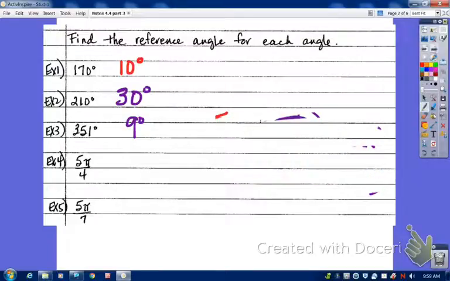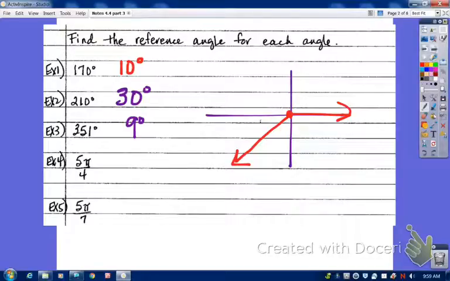All right, you do the same thing when they give you radians. You've just probably got to think a little bit harder about where the angle is. Where is 5 pi over 4? What quadrant? 3 or 2? I heard both of those. 3. 5 pi over 4 is right here, correct? All right, so your reference angle would be going back that way.